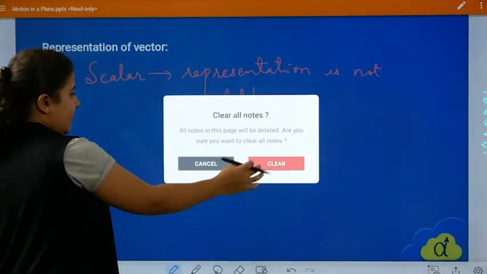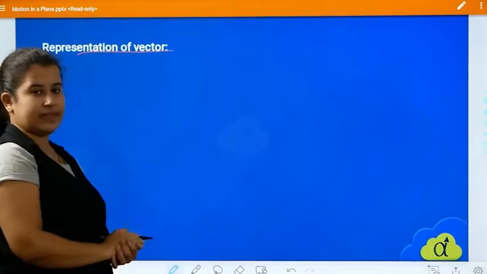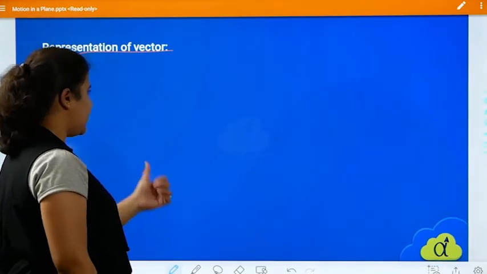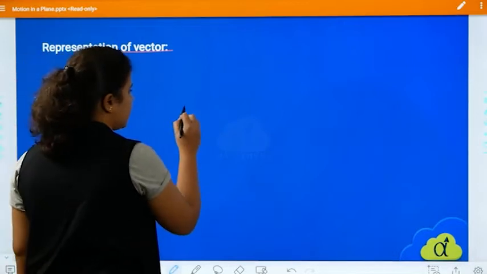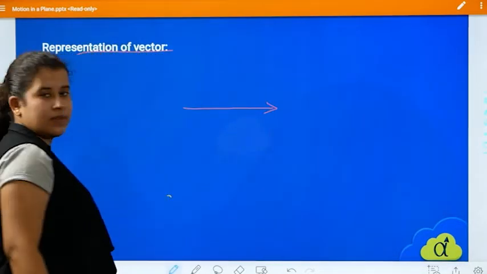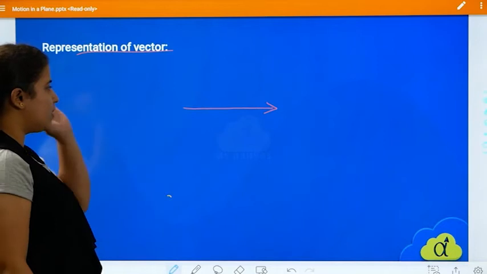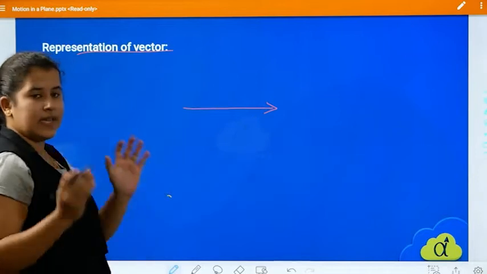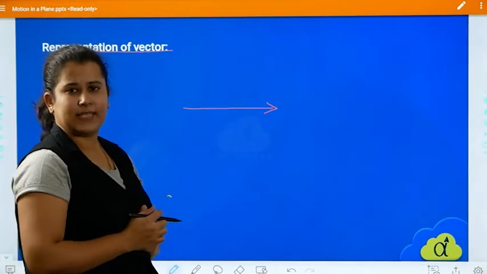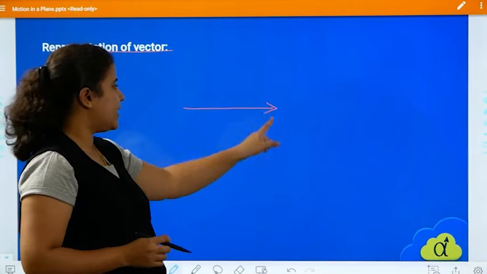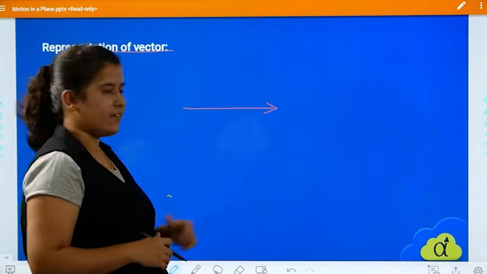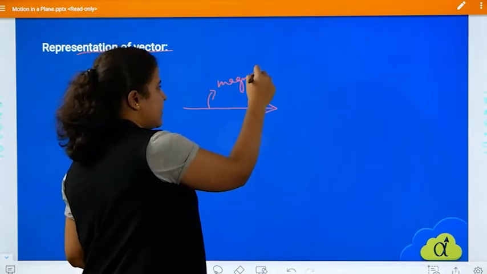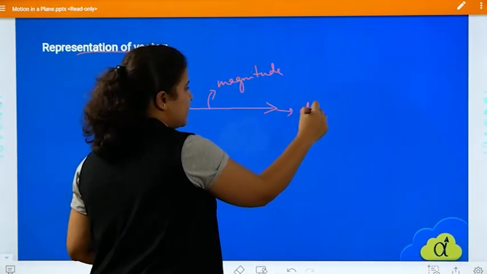But when you consider the representation of a vector quantity, a vector is always represented by an arrow. The length of this arrow is given by the magnitude, and the arrowhead denotes the direction.